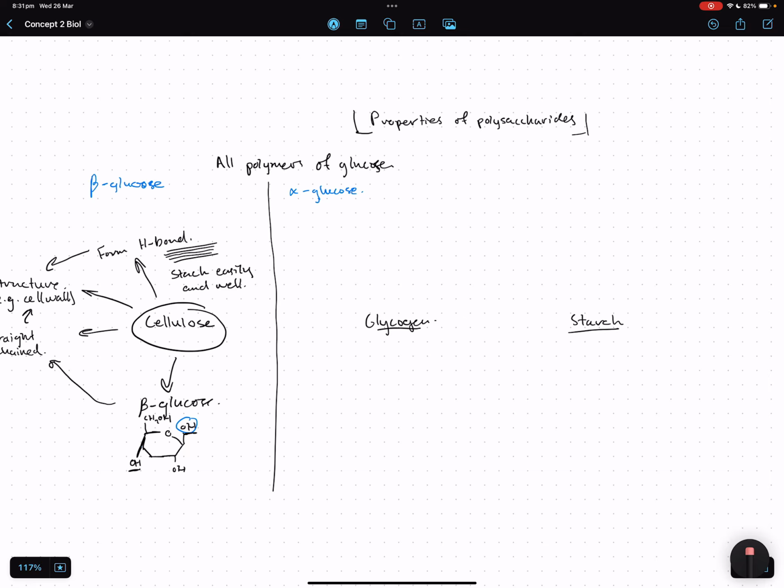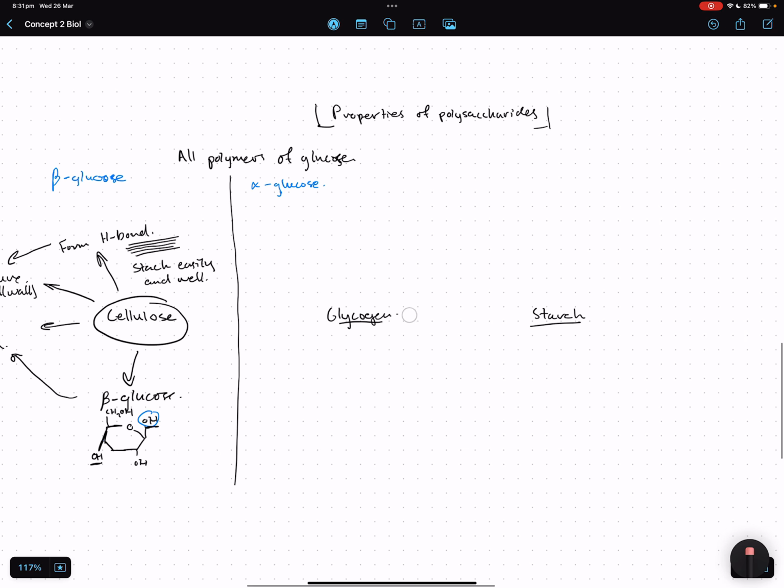With these, both technically are branched. There are forms of starch that are branched and forms that are less branched. Amylopectin, for example, in starch is less branched than amylose. Just check that really quickly.